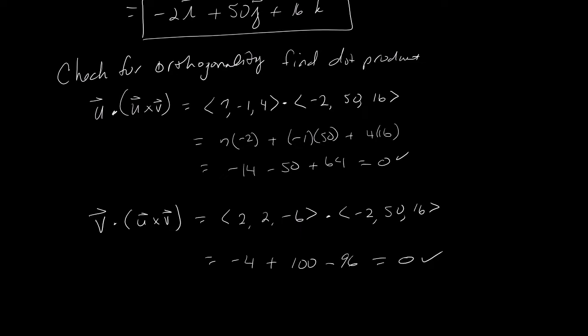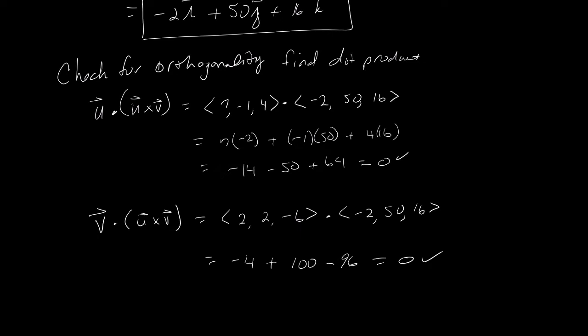And that does come out to be 0. So we have verified that the cross product we found is in fact orthogonal to both u and v, so we probably did that correctly. It's a good way to just quickly double check yourself. The probability of getting another vector that's perpendicular to both of those that is not the cross product is extremely slim, almost non-existent. So if these check out, you know you're good.